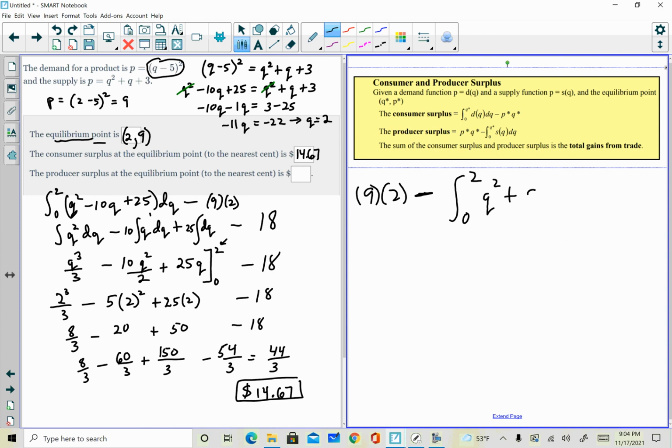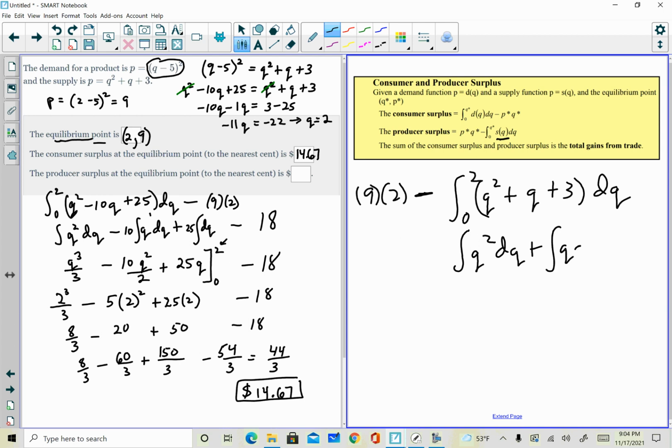That's Q squared plus Q plus 3 dq. The supply function is given. The integral gets distributed, so the integral of Q squared dq plus the integral of Q dq plus the integral of 3 dq. The integral of Q squared dq is Q cubed over 3 plus the integral of Q dq is Q squared over 2.